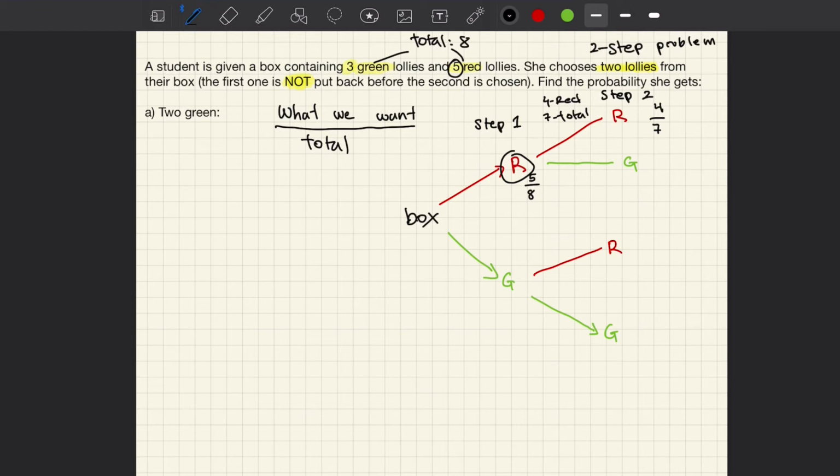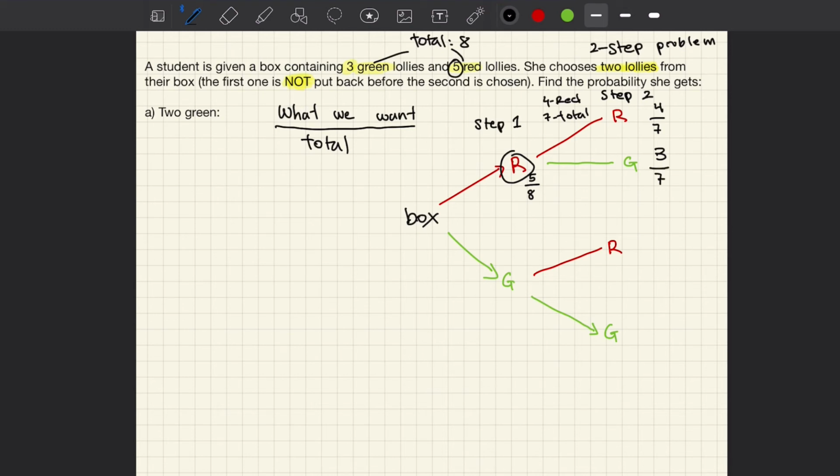This means that we can do 3 greens. So what we want, 3 greens over the total, which is 7. So for this part here, it's 7 total. So this is going to be 3 on 7.